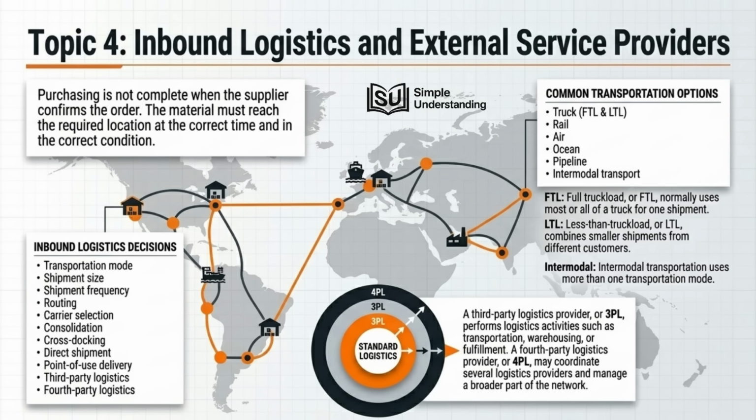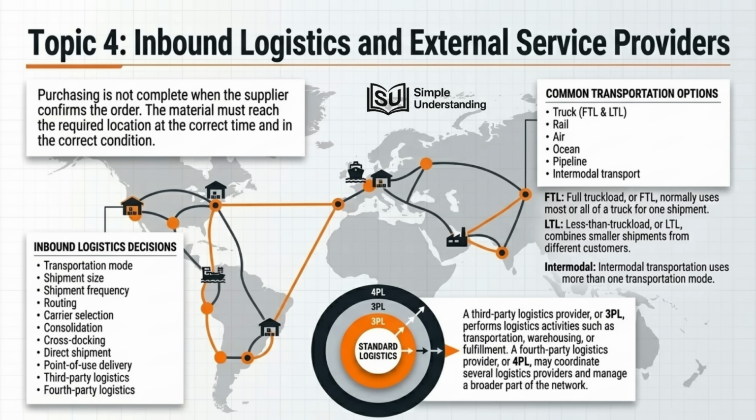Full truckload, or FTL, normally uses most or all of a truck for one shipment. Less than truckload, or LTL, combines smaller shipments from different customers. Intermodal transportation uses more than one transportation mode. A third-party logistics provider, or 3PL, performs logistics activities such as transportation, warehousing, or fulfillment.